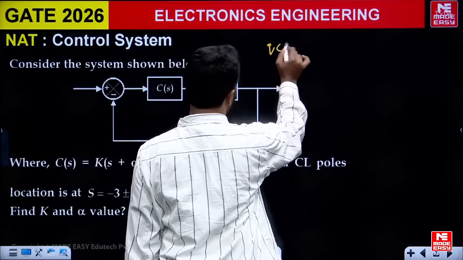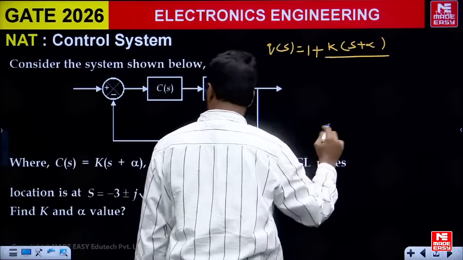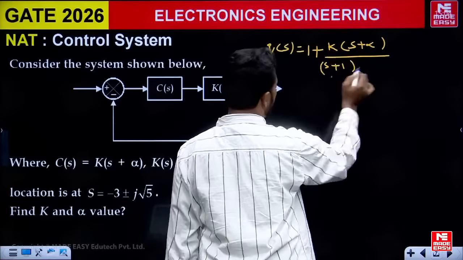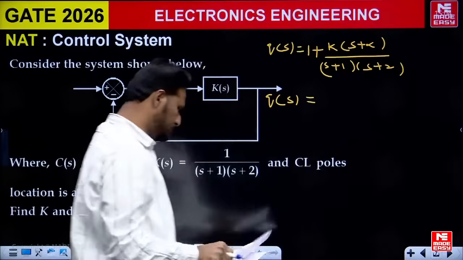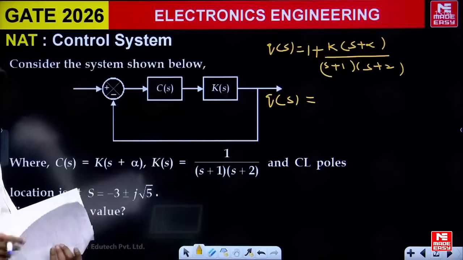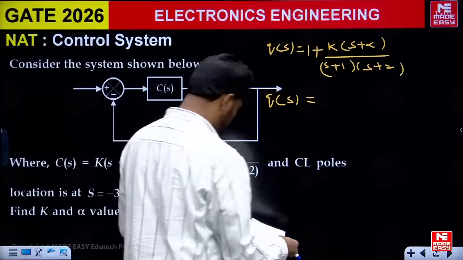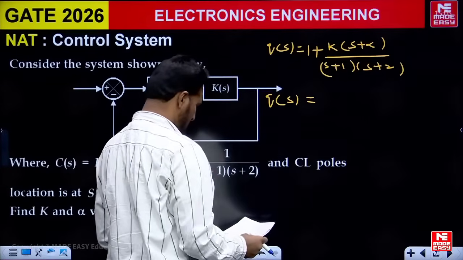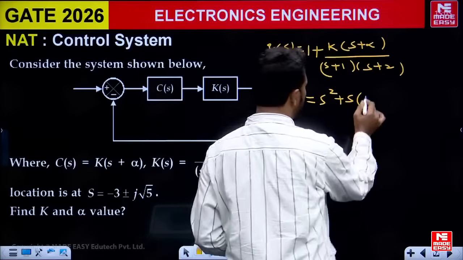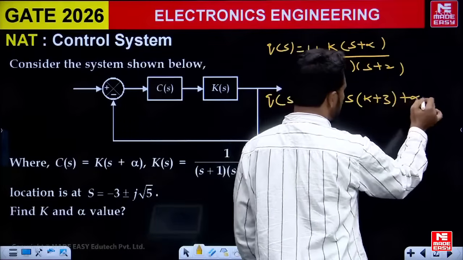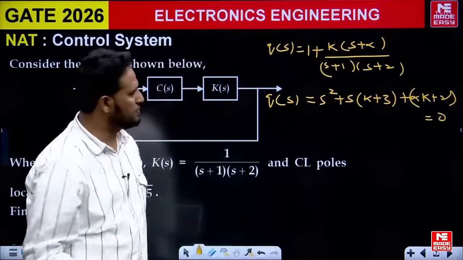Obtaining the characteristic equation, 1 plus K(s plus alpha) upon (s plus 1)(s plus 2), it becomes s square plus s(K plus 3) plus (alpha K plus 2) equal to 0.